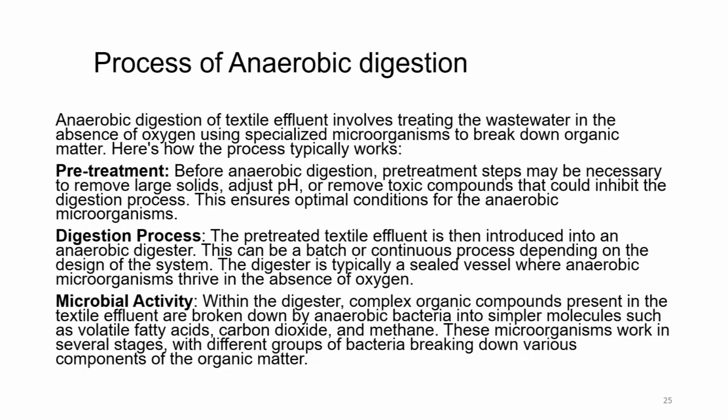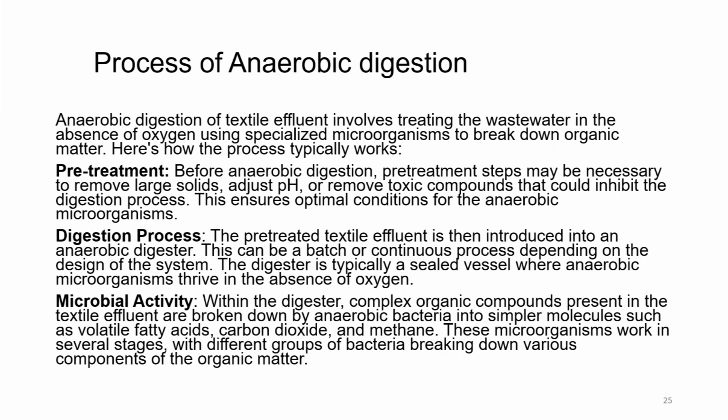Coming to anaerobic digestion. Anaerobic digestion, again and again we are learning in a little deeper manner in each lecture. Anaerobic digestion of textile effluent involves treating the wastewater in the absence of oxygen using specialized microorganisms to break down organic matter.